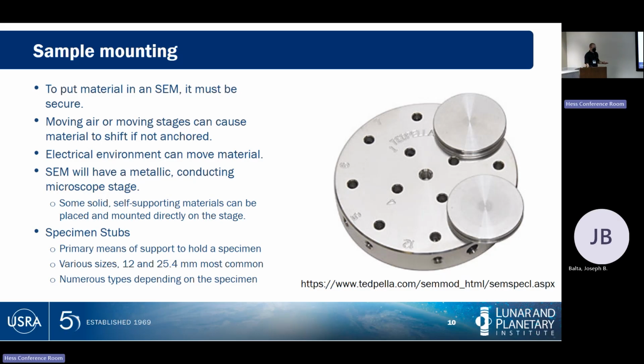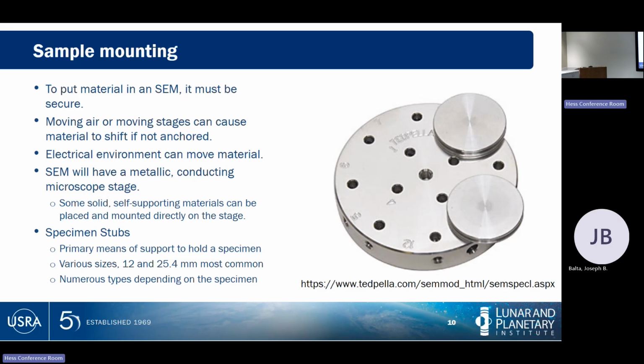Any electron microscope will have some version of a metallic conductive stage that is linked to the electronics of the surroundings and grounded so that this stage will be a part of carrying away any charge. So it'll be part of the electrical system. Some solid materials you can lay, if I have that chunk of pottery, I can just literally put it on the stage.